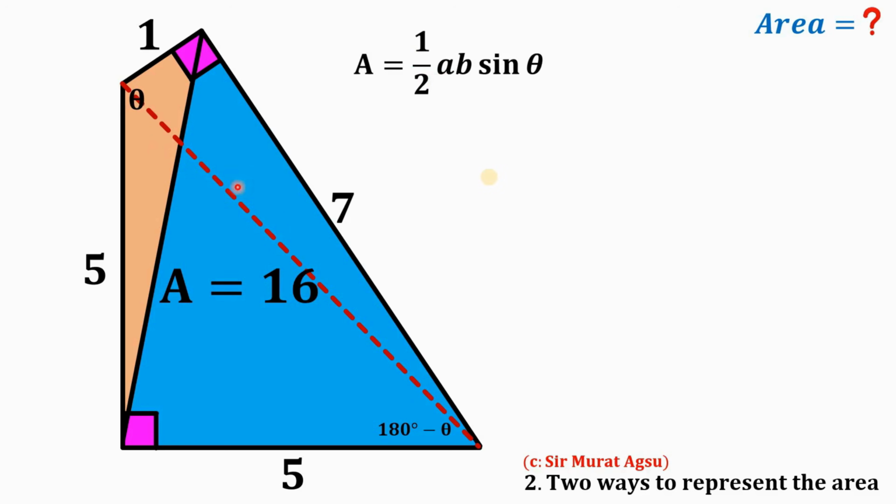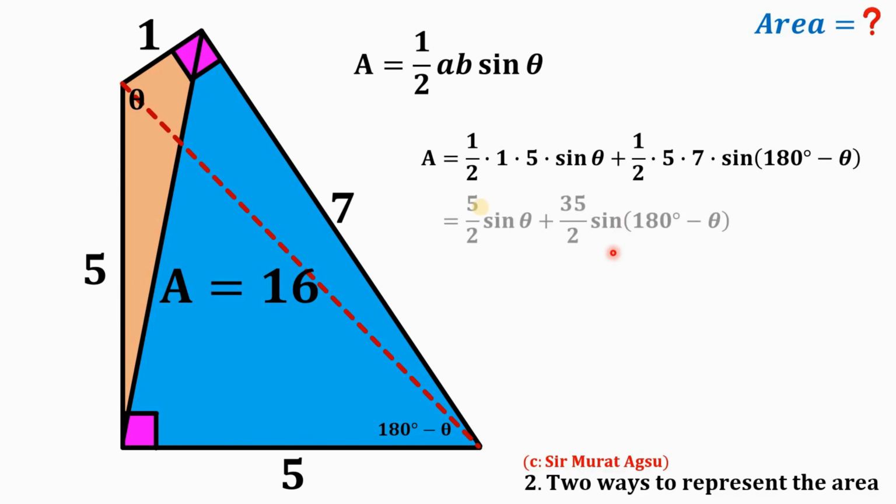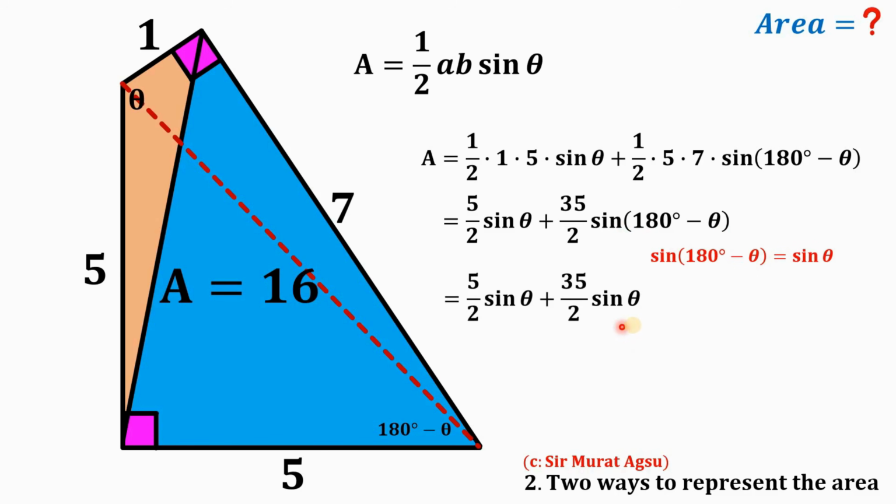So adding the areas of these two triangles, the area of the entire quadrilateral is 1/2 times 1 times 5 times sine theta plus 1/2 times 5 times 7 times sine of 180 degrees minus theta. Simplify: this is just 5 over 2 times sine theta plus 35 over 2 times sine of 180 degrees minus theta. But take note, this identity shows that sine of 180 degrees minus theta is the same thing as sine of theta. This is an identity that we'll learn in our trigonometry class. In short, we can replace this with sine theta.